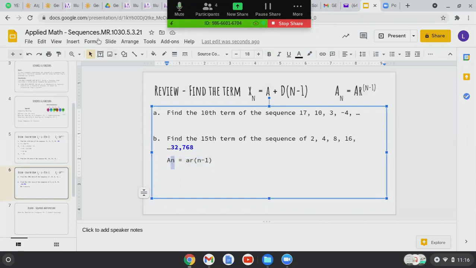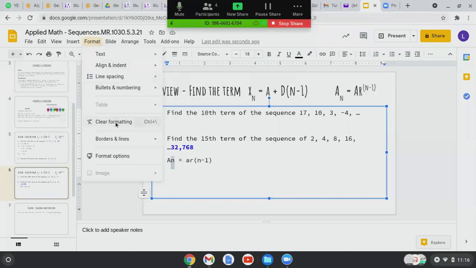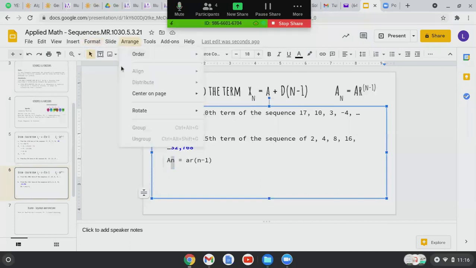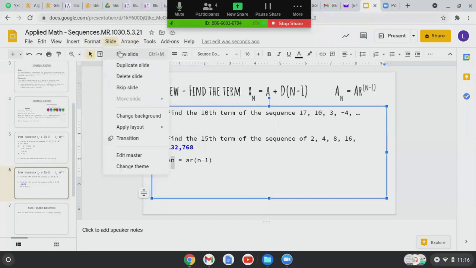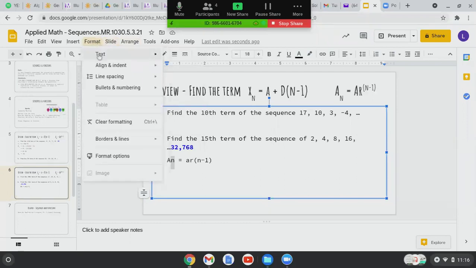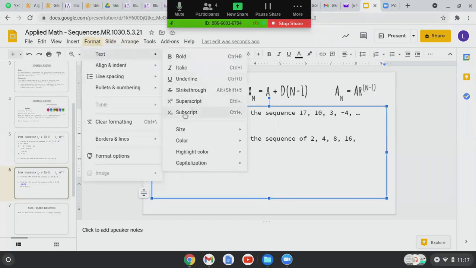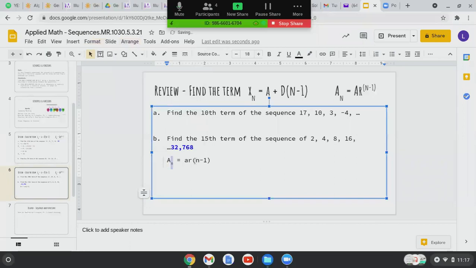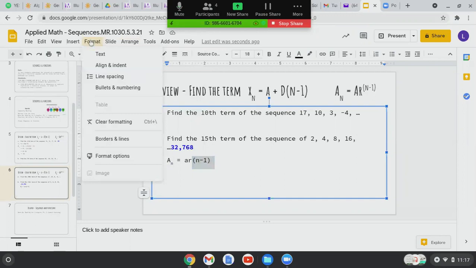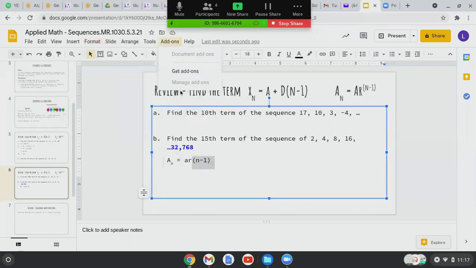So this is the formula that you will use. All right, here we go.